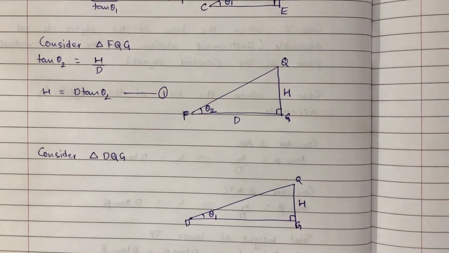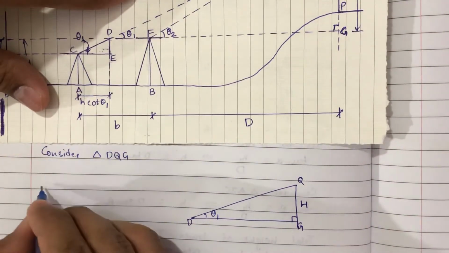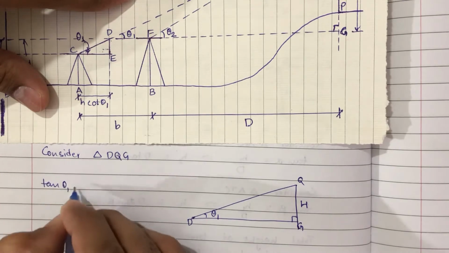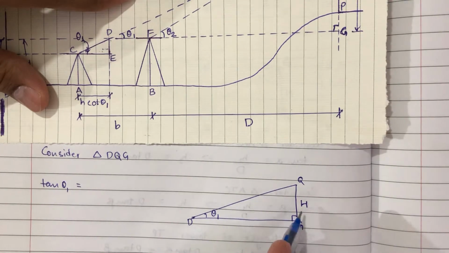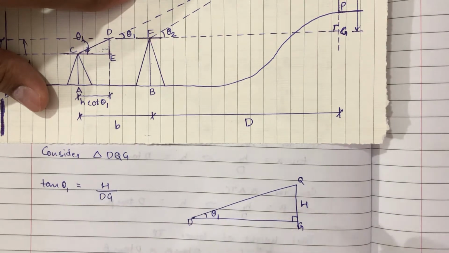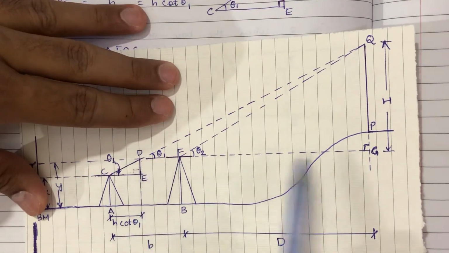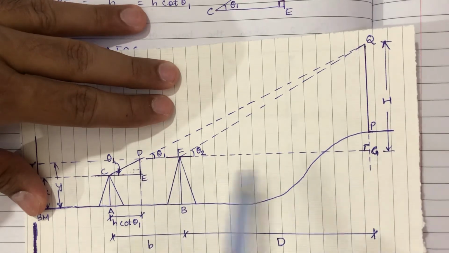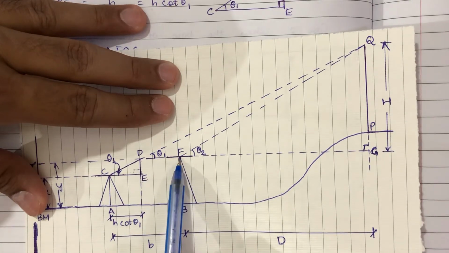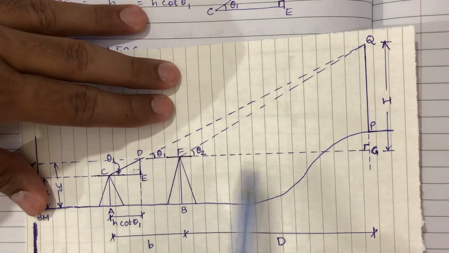Now here tan theta 1 will be H upon DG. From here we can see that this total DG is equal to DF plus FG.